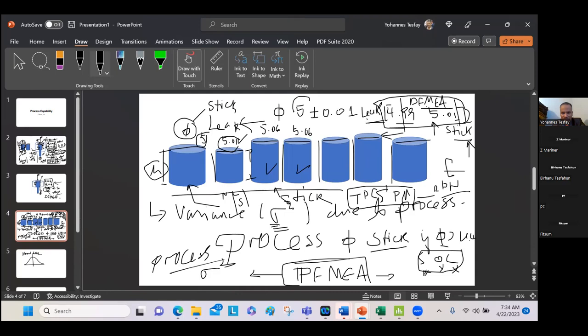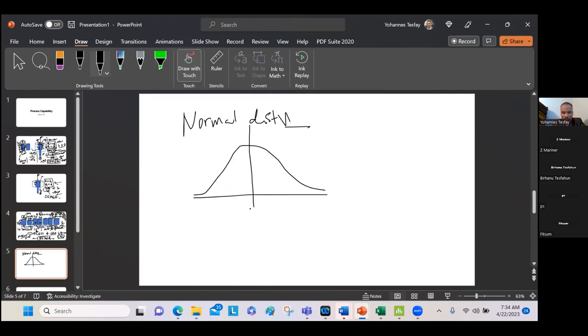My mean was like 5. 5 is the one that I want. Then going in this direction, how far do we go, 5.01? And going downward, how far do we go? 4.99. Okay, so it's going to be right here. So those are like the region where I'm safe, or I'm good.